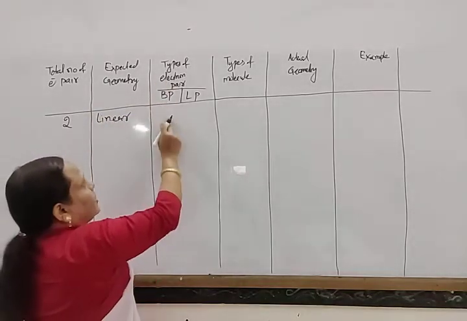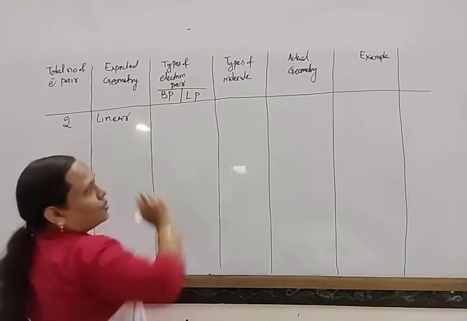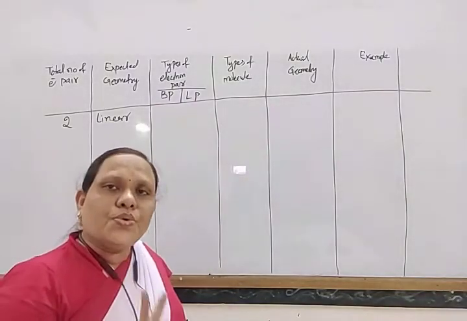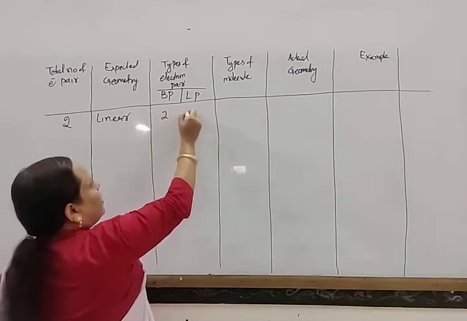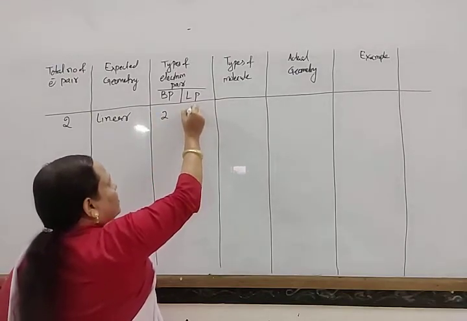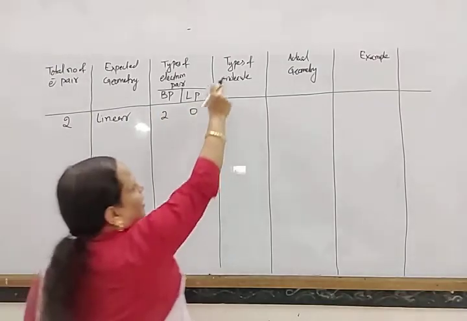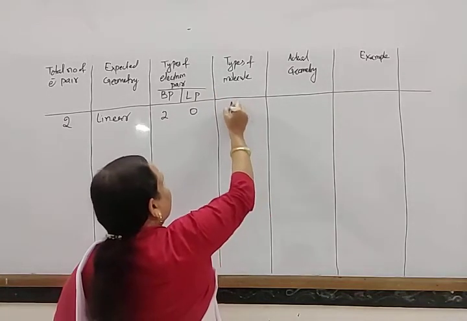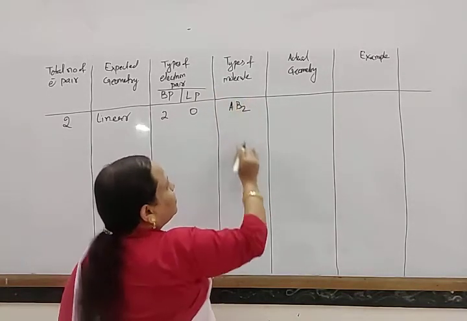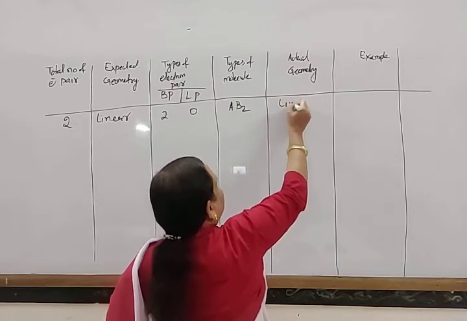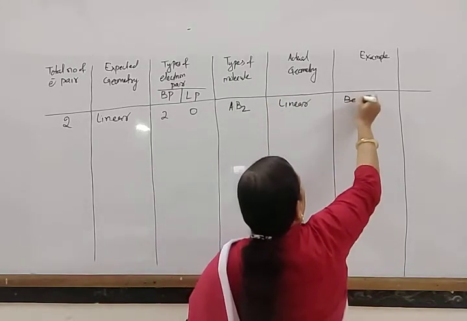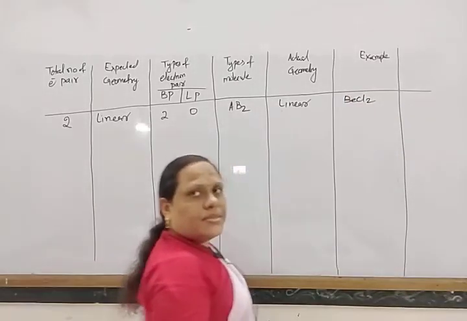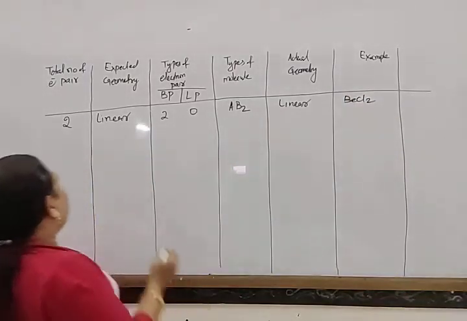Minimum two bond pairs are required, so two bond pairs and 0 lone pairs, and the type of molecule is AB2. The actual geometry is also linear. An example is BeCl2.